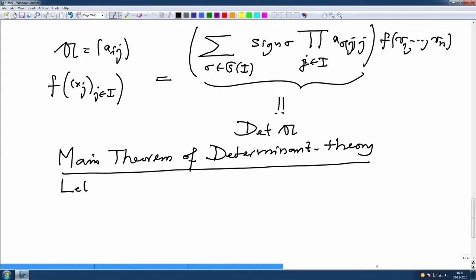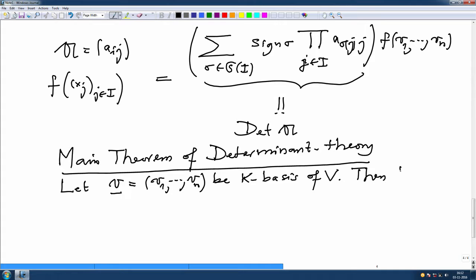So let V1 to Vn be a k basis of V, then there exists a unique determinant function.